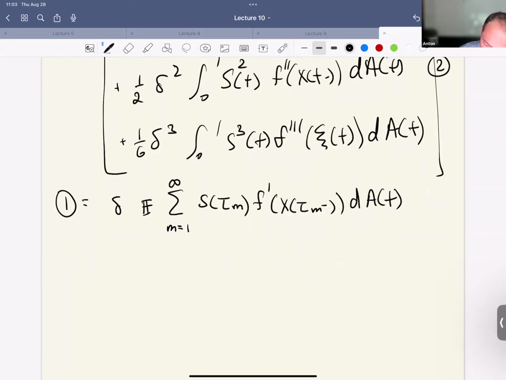And whoops, that was just me on autopilot. Indicator that tau m happens before time 1.